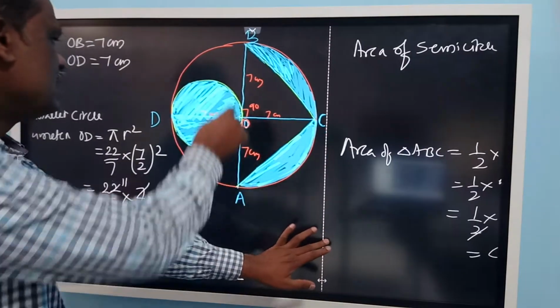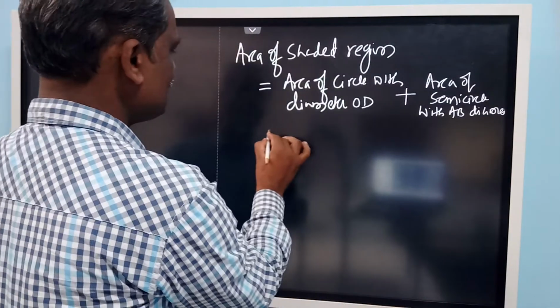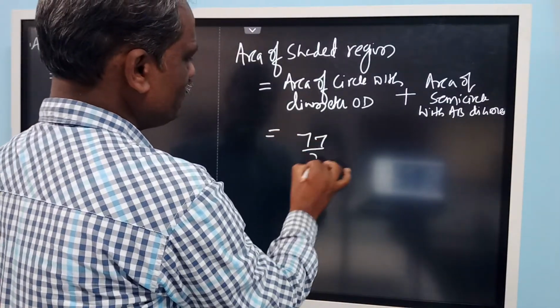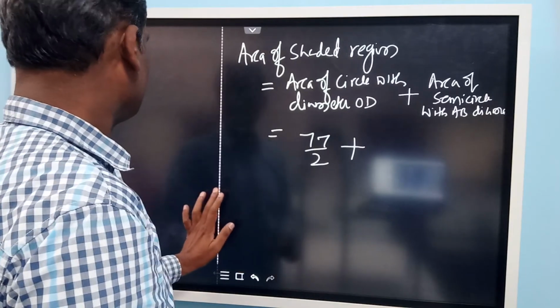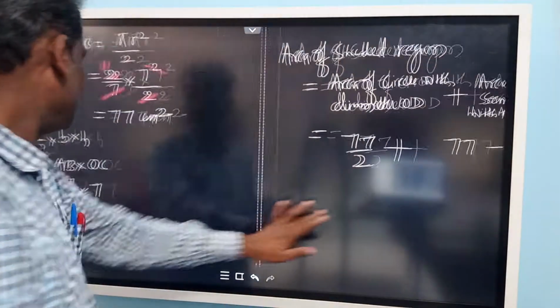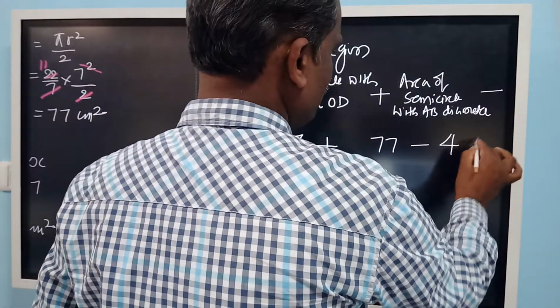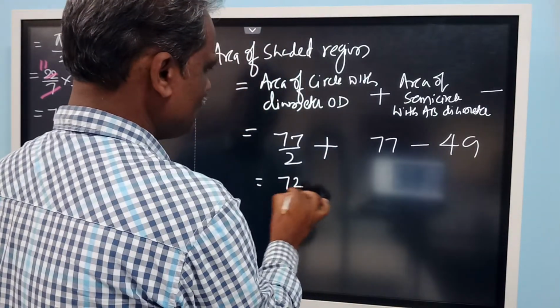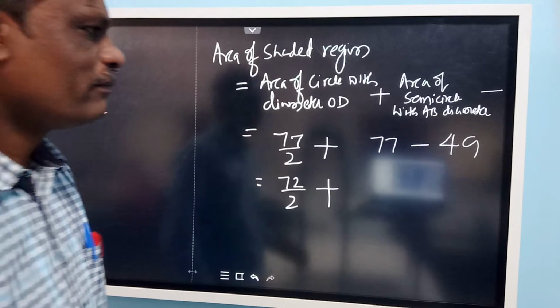So now the area of this circle is 77 by 2, plus area of this semicircle, which is 77, minus area of the triangle, 49. So 77 by 2 plus 77 minus 49.